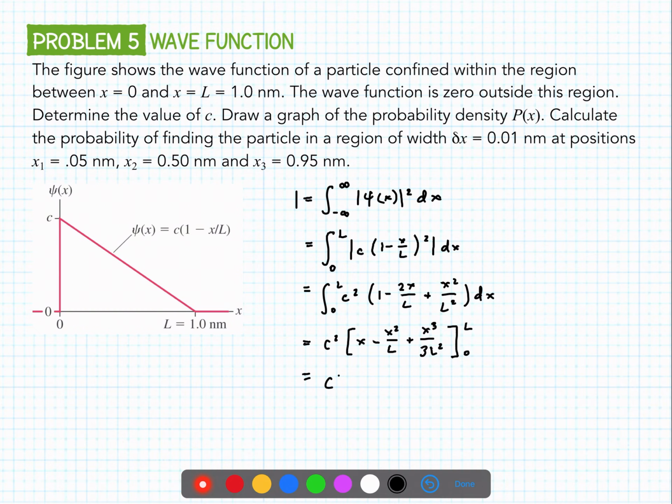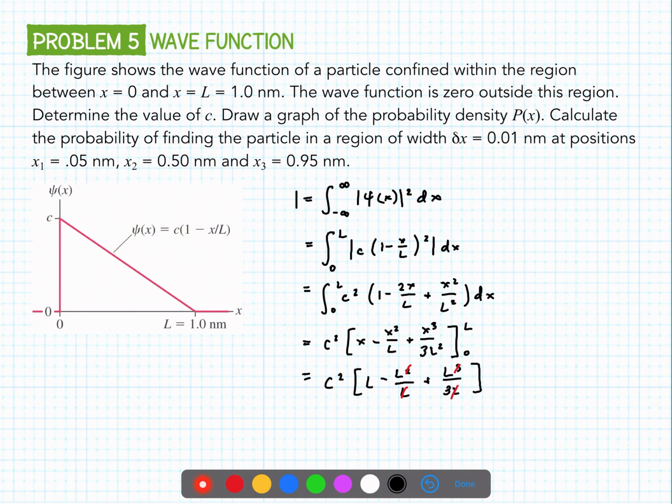And then we can say c squared is equal to, let's say we plug in L, so L minus L squared over L plus L cubed over 3L. And we can start canceling things, so this should cancel, this should cancel.